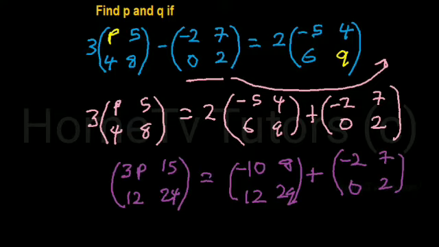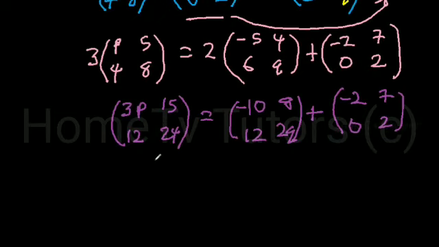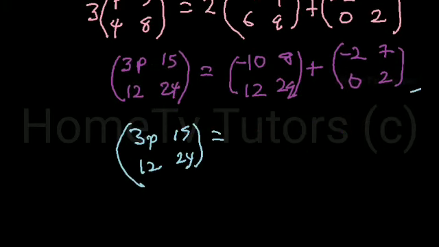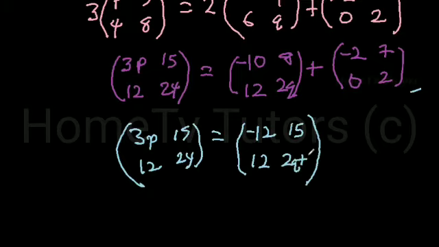So now let's bring down the first matrix, [3p 12; 15 24], which is equal to, so now let us work on adding the two matrices on the right hand side. So -10 plus -2 we have -12, 12 plus 0 we have 12, 8 plus 7 we have 15, 2q plus 2 we have 2q plus 2.